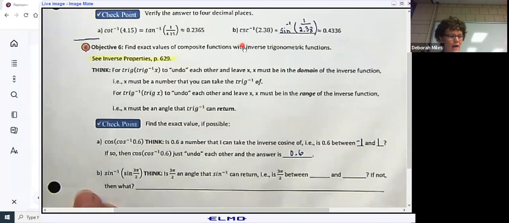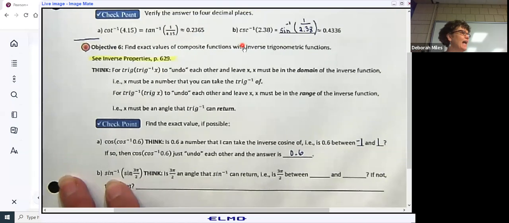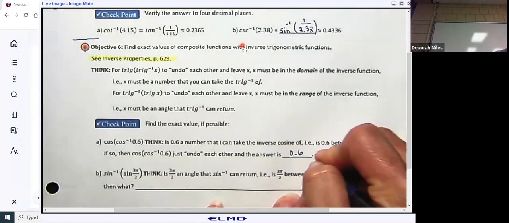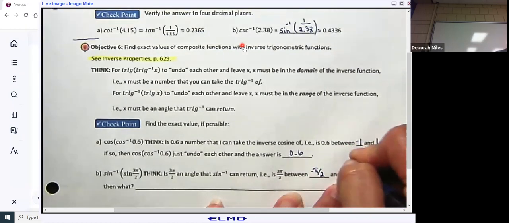And the B part, our inverse trig function is the outer function. So our answer has to be something that inverse sine can give us. Inverse sine can only give us answers between what and what? -pi/2 and +pi/2.